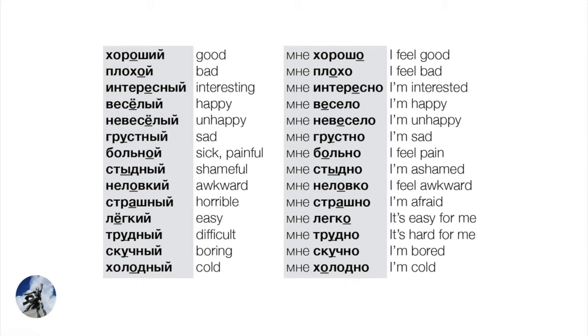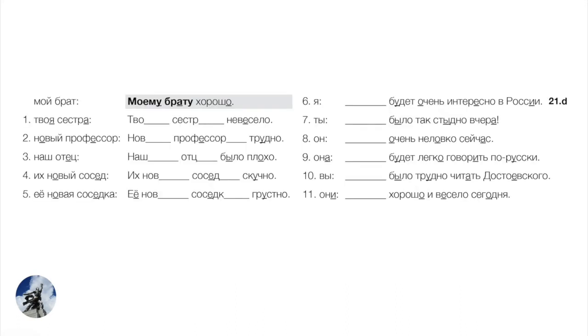Okay, let's fill in some of these phrases with an adverb and, in this case, a full noun, not simply a pronoun, but some kind of noun adjective phrase. We want to put that into the dative to use with this subjectless construction. For example, моему брату хорошо. My brother feels good.